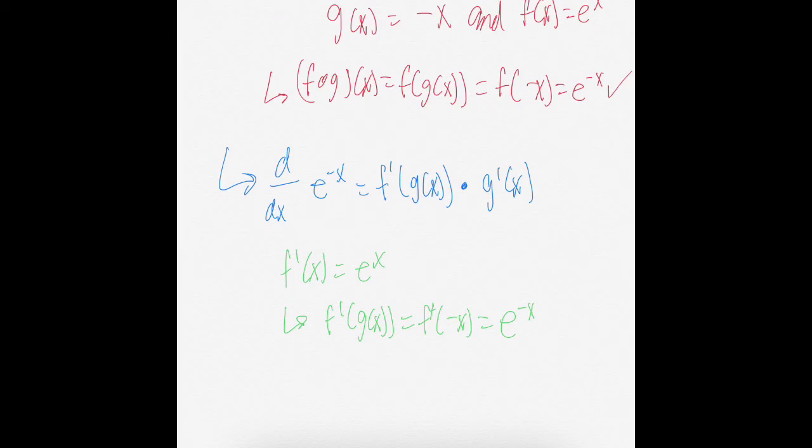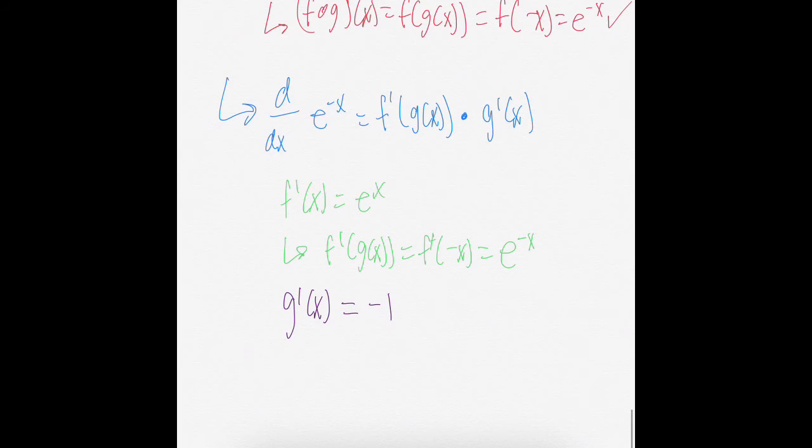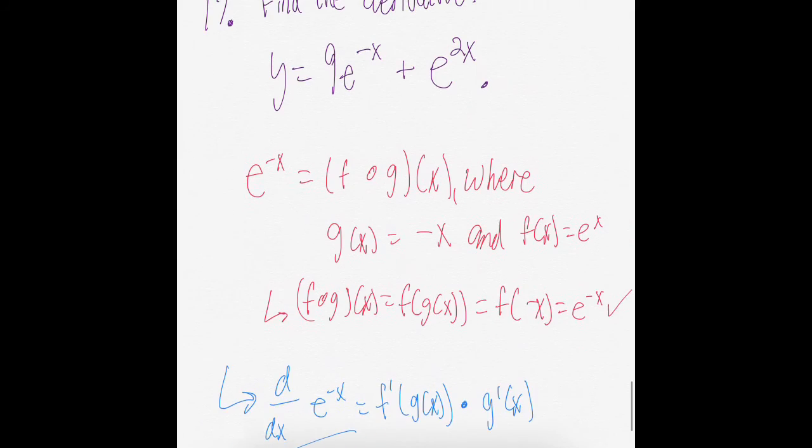All we did was plug minus x in for x. And then g prime of x, let me go purple, is the derivative of negative x, which is just negative 1 by the power rule. So this comes out to e to the minus x times minus 1, or minus e to the minus x.